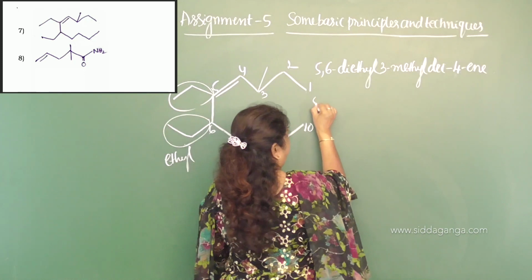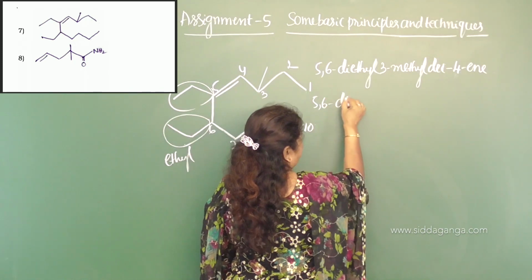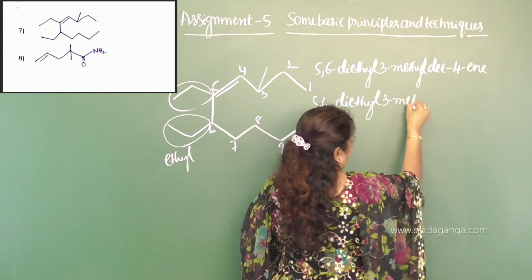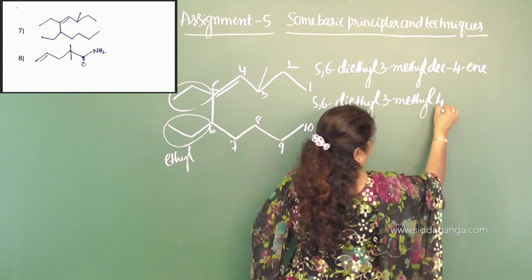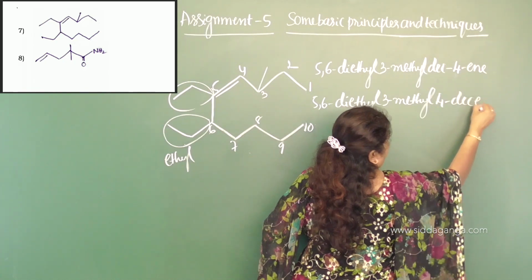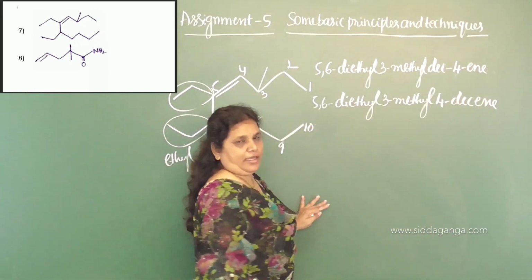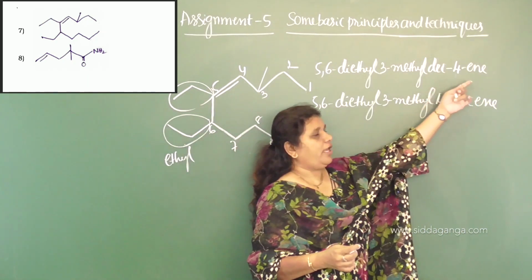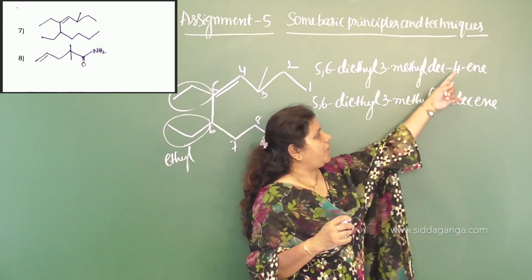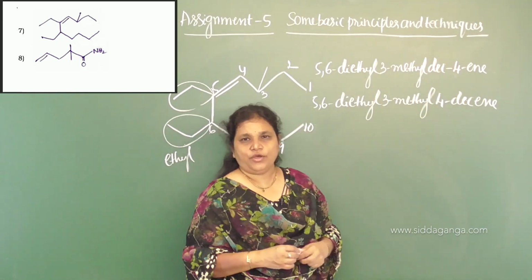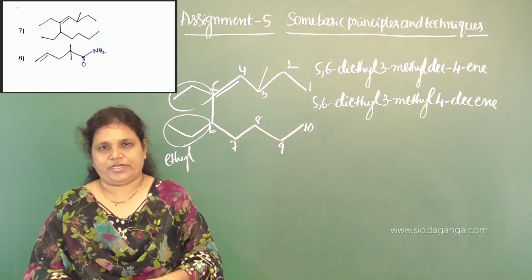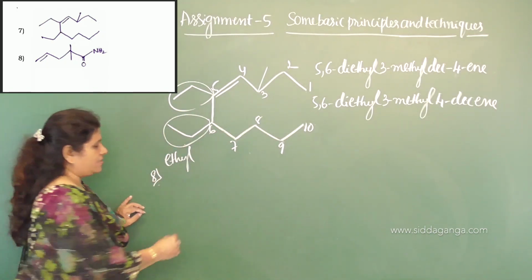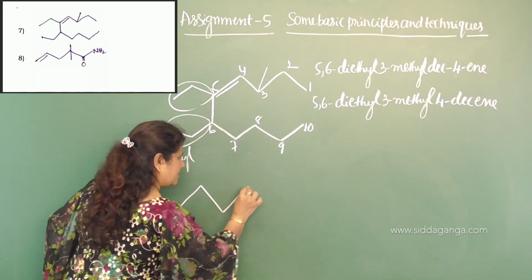You can rewrite it as 5,6-diethyl-3-methyl-4-decene. So you can also rewrite it like this, because since there is no secondary suffix here, you can take the locant before the root word, correct? Now move on to the 8th compound. The 8th one given is, so this is the compound given.